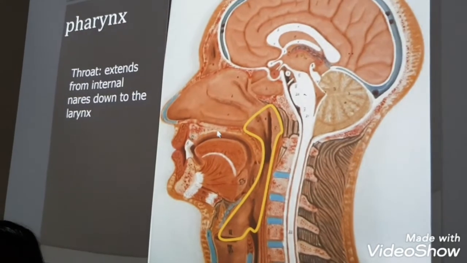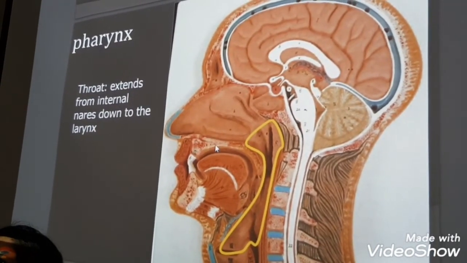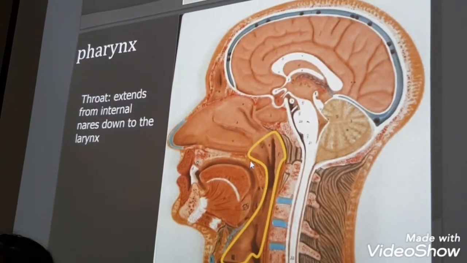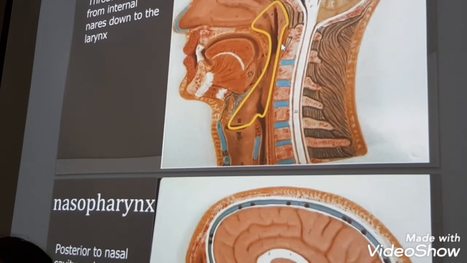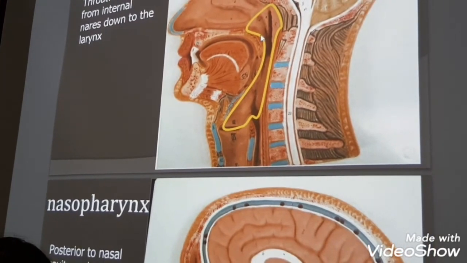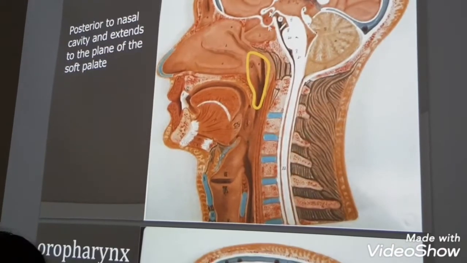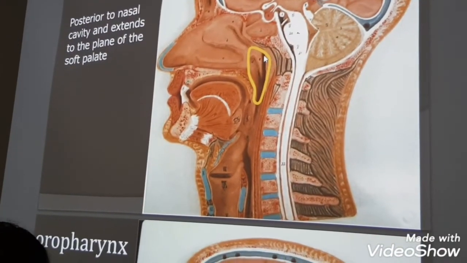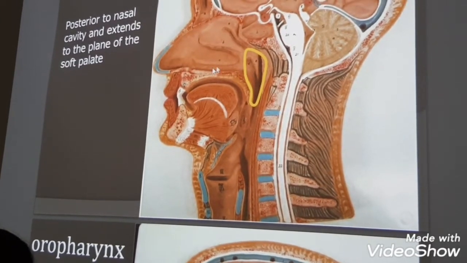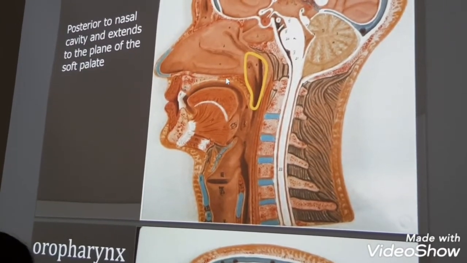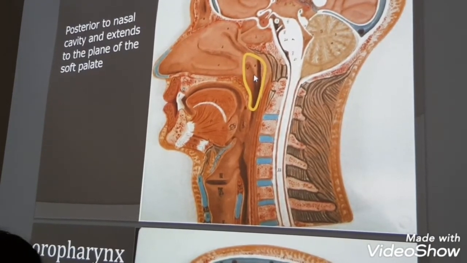Okay, so what's this here? Hard, not plate, palate, and this would be your soft palate. And then beyond the soft palate, now you're getting into the pharynx. There are distinct areas of that pharynx that have a specific name. If we go straight back from the nose to that area, it's called the nasopharynx.